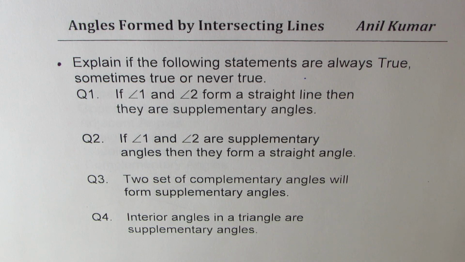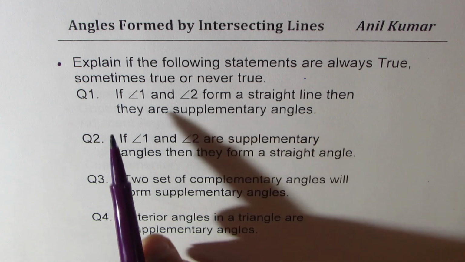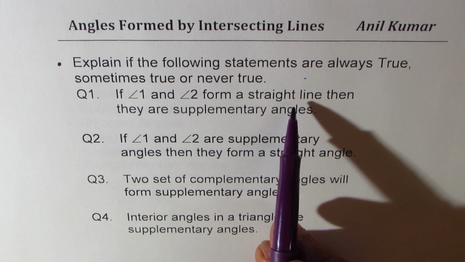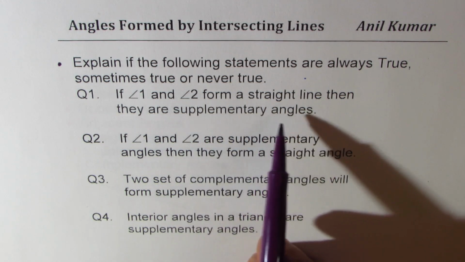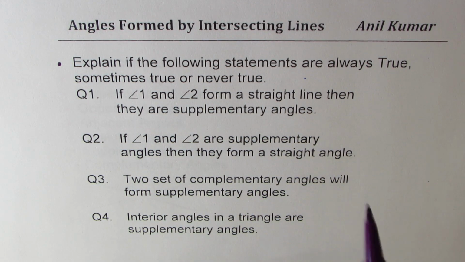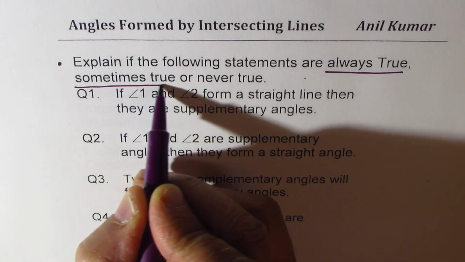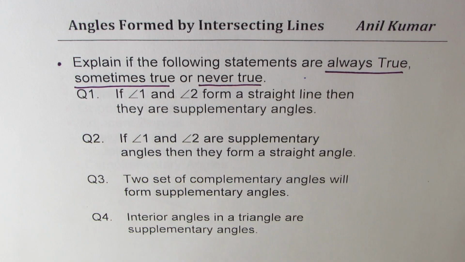You can actually pause the video now, answer, and then look into my suggestions. Question number 1. If angle 1 and angle 2 form a straight line, then they are supplementary angles. Is it always true, sometimes true, or never true? So you have to write in these terms.